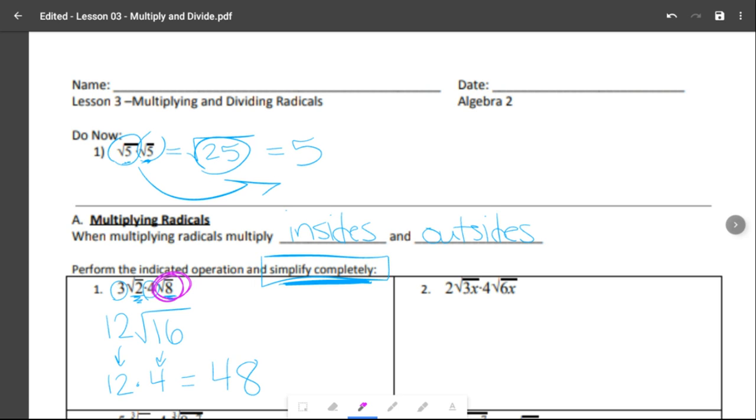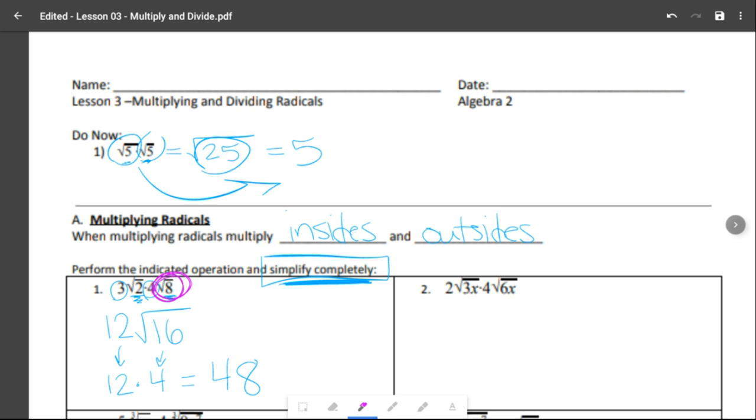Otherwise, it really is just extra simplifying you're doing, because a lot of times after you multiply, you're still going to have to simplify anyway. Adding and subtracting was different yesterday because for those, you had to simplify first in order to get those like radicals. So definitely make sure that you're following that rule for adding and subtracting. Multiplying and dividing really could go either way, but I would hold off on the simplifying until the end.